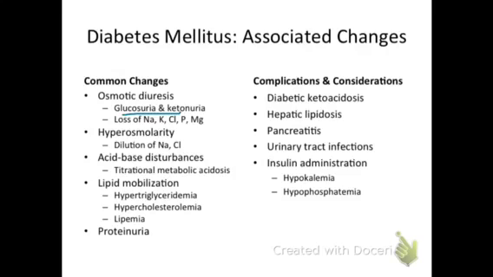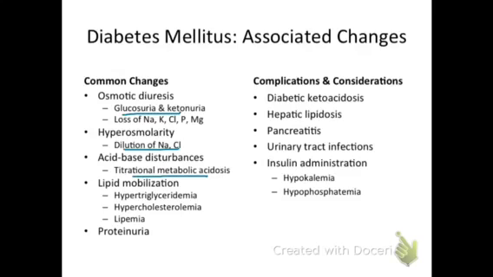Glucose is an osmotically active particle, so it can draw water from the extravascular space into the intravascular space and therefore dilute the substances within the blood vessels. And this may result in dilution of sodium and chloride and therefore hyponatremia and hypochloremia. If there is excessive ketoacid production, then a titrational metabolic acidosis can occur.